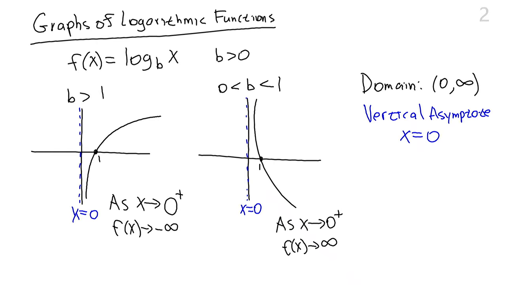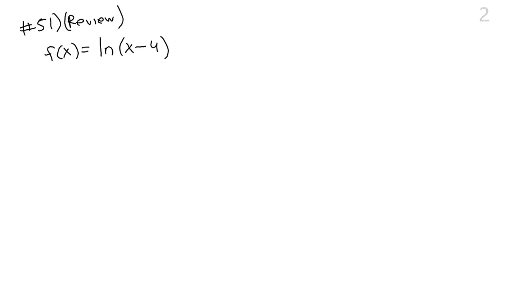So if we're asked to graph a logarithmic function like we are in number 51 from the review, we're asked to graph the following logarithmic function: natural log of x minus 4. Now recall that ln of x is the natural logarithm.